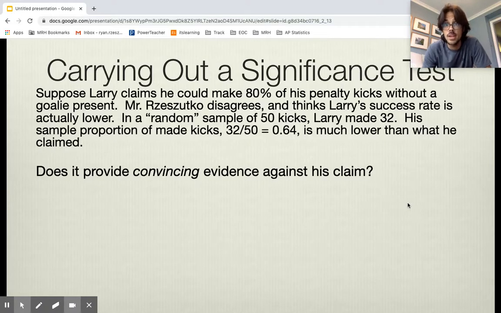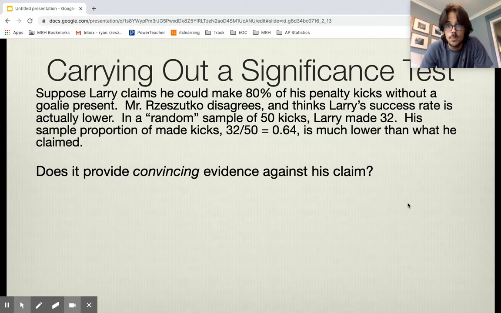So we decide naturally that we're going to use a significance test and let statistics help guide our actual decision in who is correct. So we end up taking a random sample of 50 kicks, and a random sample in a situation like this is kind of tricky to manage. Like, how do you get a random selection of Larry's shots? What probably happened is we went out there and just kicked 50 of them and called it a random sample.